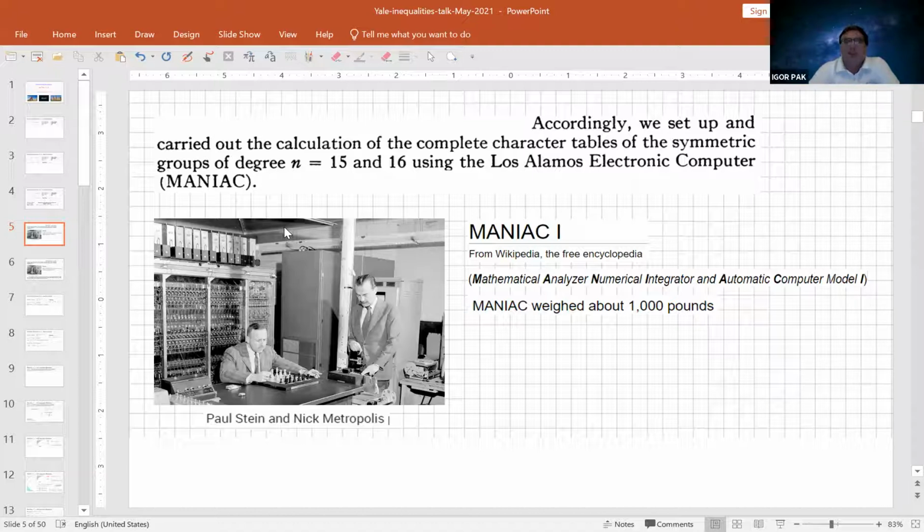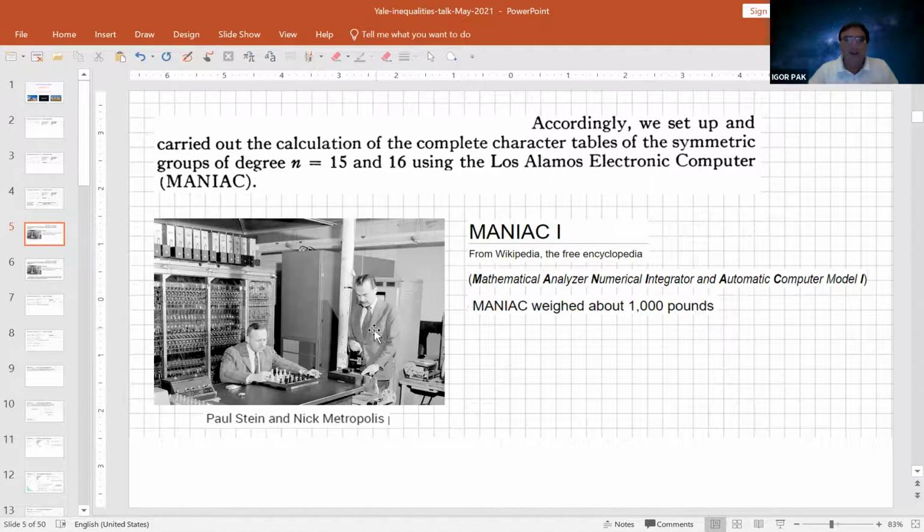And they taught the computer to play chess and do Monte Carlo simulations for fun. And another thing that they thought was fun is to calculate characters of S15 and S16. They said that they checked 14 and 13 just to make sure that this is all correct. And everything seemed to work out.